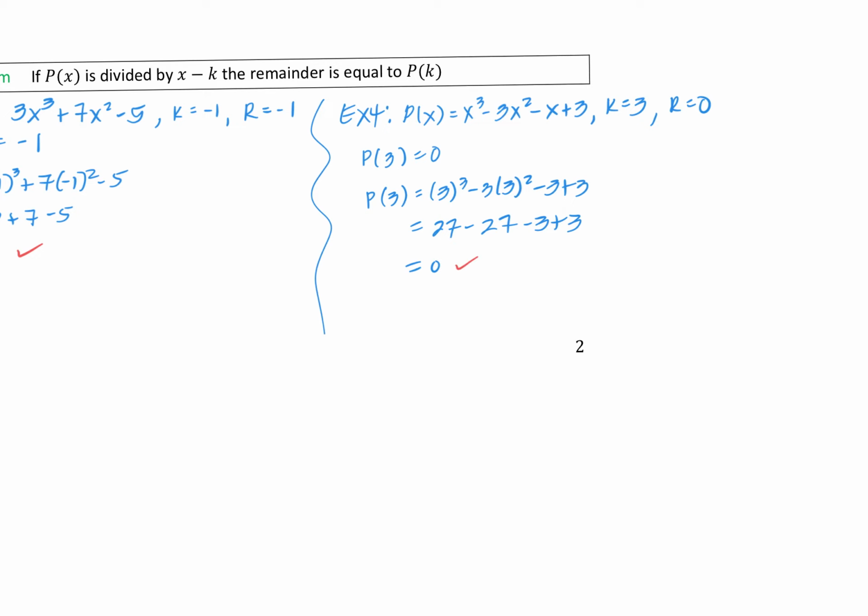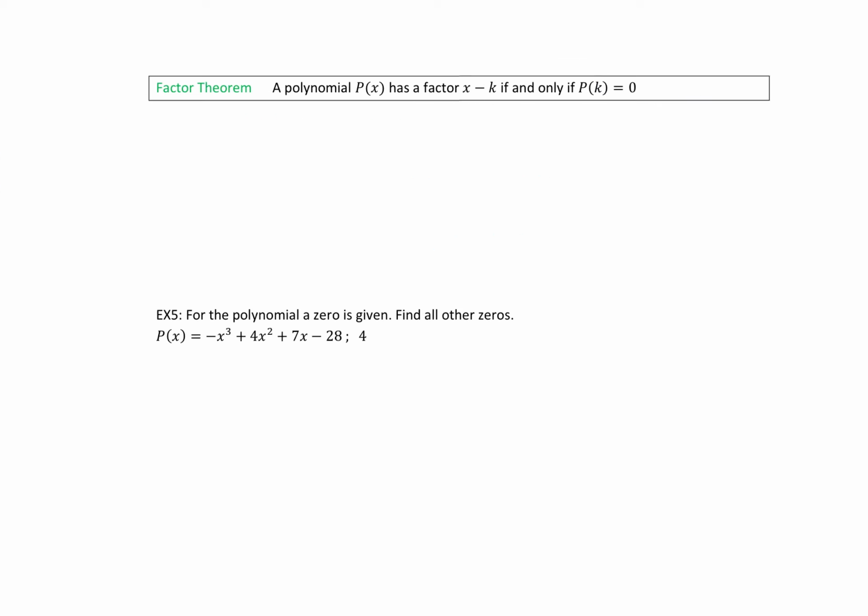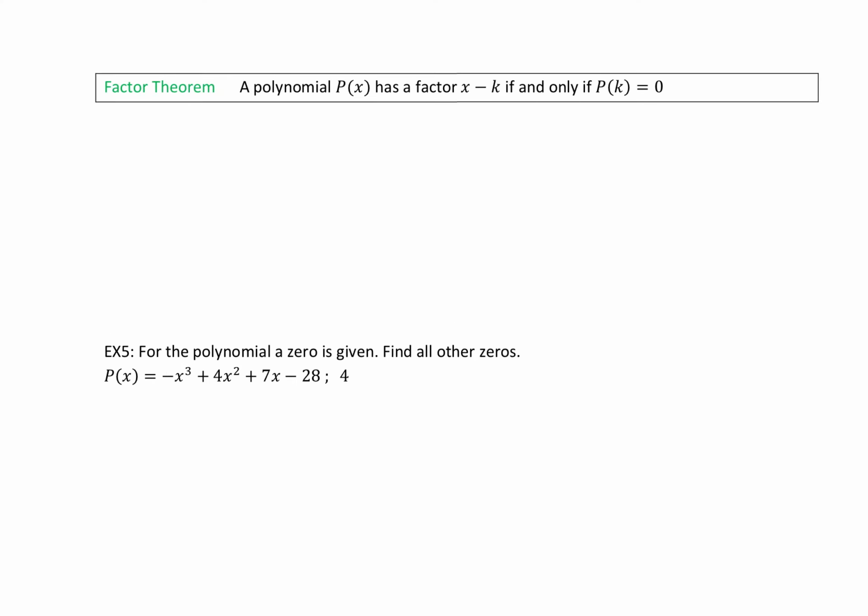We'll move on to probably the most important theorem, which is our factor theorem. This is our goal here: to be able to take our polynomials and factor them down into smaller and smaller pieces. And we're going to use the factor theorem for that. Let's say that a polynomial has a factor of x minus k.